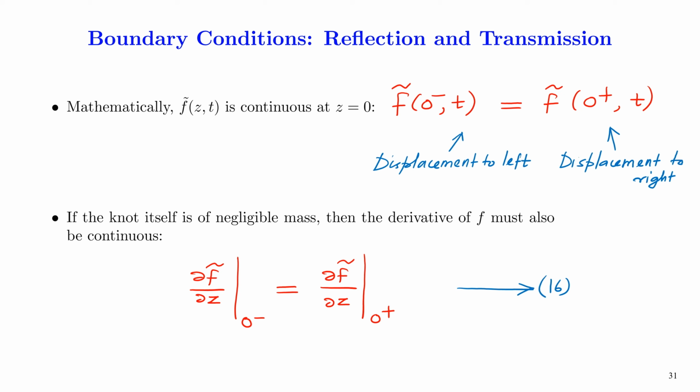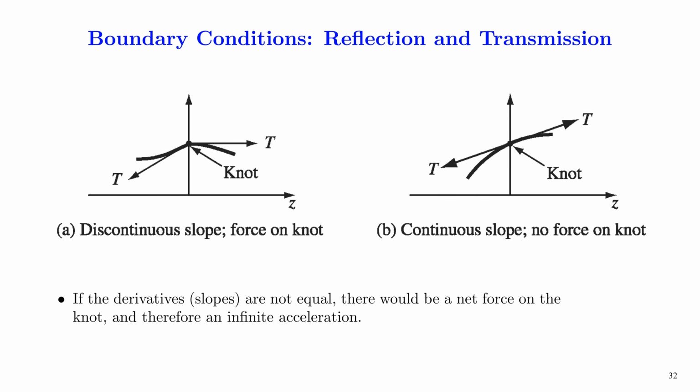To further understand the meaning of this equation, let us consider a graphical representation of the knot at z equal to 0. In the first case, there is a discontinuous slope, that is, partial f over partial z at 0 minus is not equal to partial of f over partial of z at 0 plus.